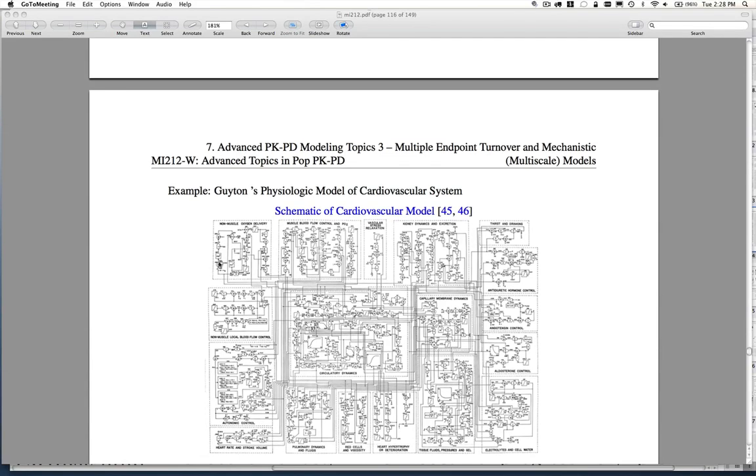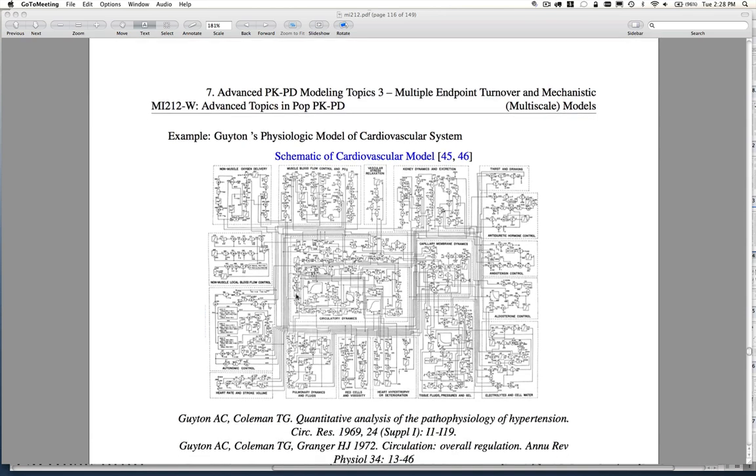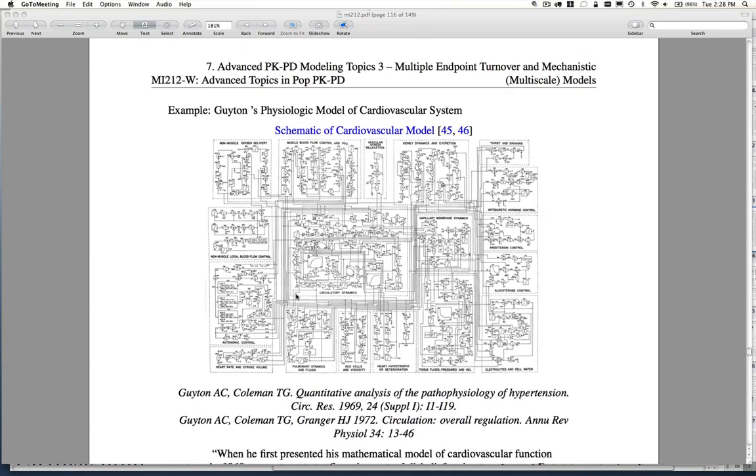So what are these systems or physiologic or multiscale models? What do they look like? I've given here a schematic of a model describing the cardiovascular system. I'm going to keep this small on purpose because we're not going to go into different parts of it, but this was a model put together by Arthur Guyton, one of the forefathers of physiology research.